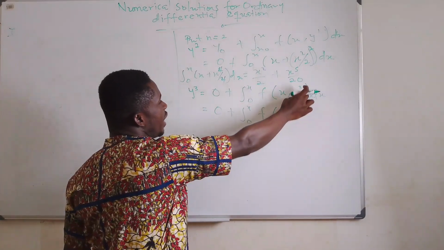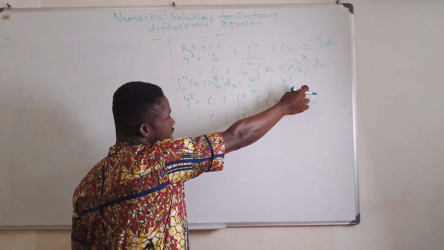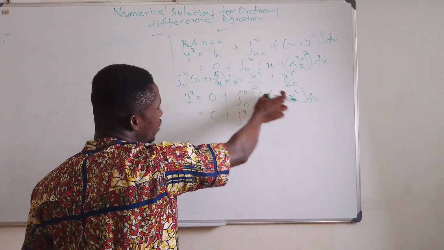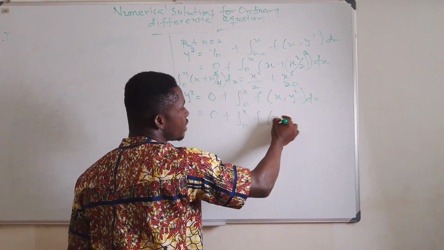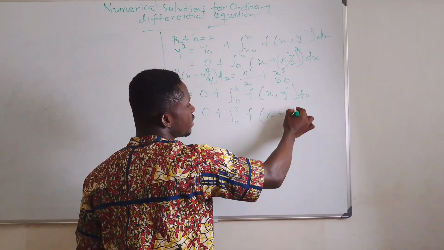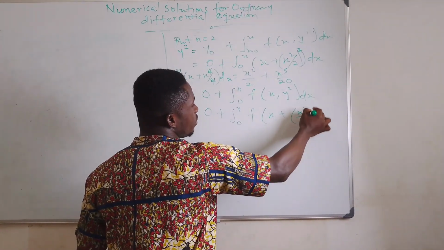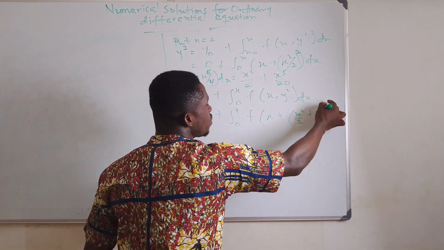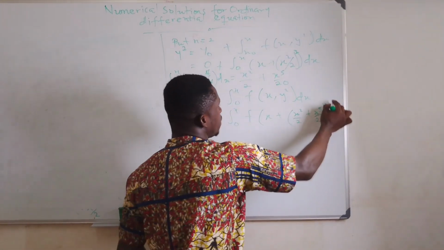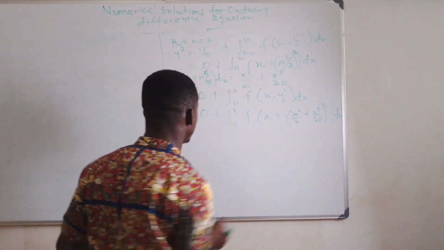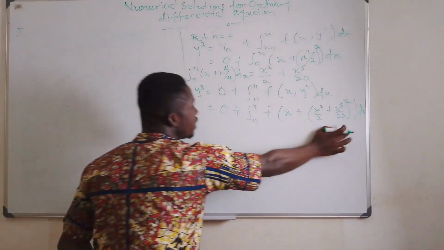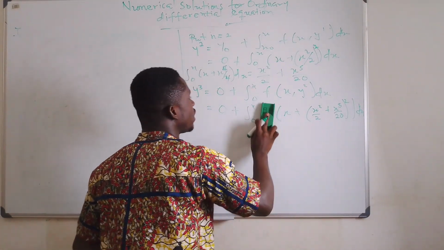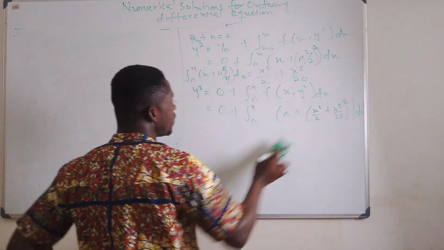Now for y power 2, we are going to write the value we had here, all squared. So it will be x plus, in brackets, x squared on 2 plus x to the 5 on 20, all squared, dx. Very well. So you are going to integrate this function.